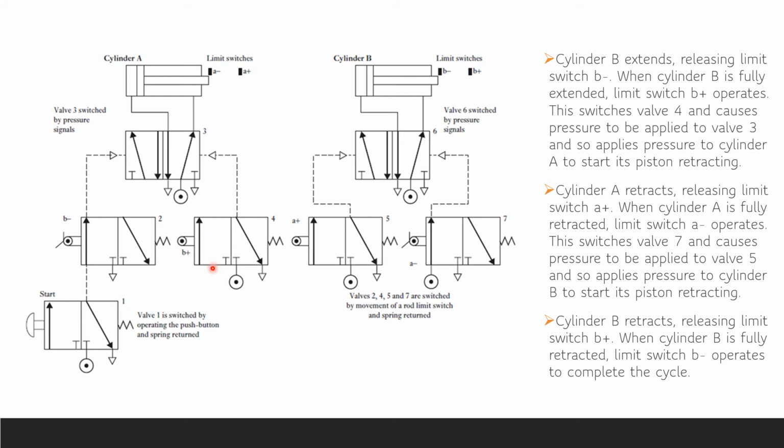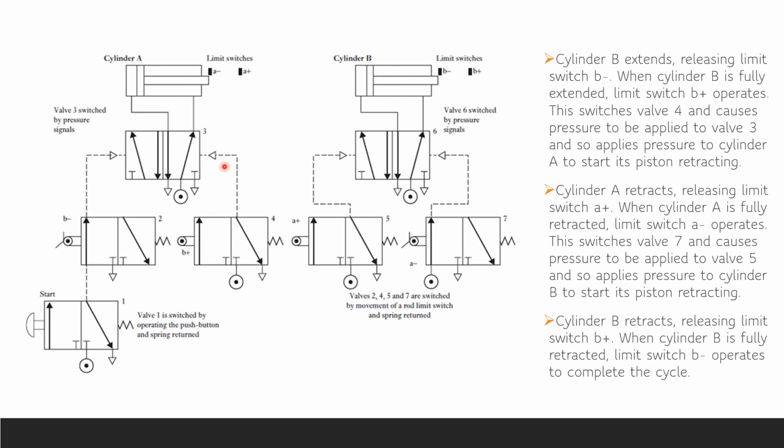I will repeat again. Once the piston of cylinder B reaches the bottom dead center, it switches on the limit switch B plus. This limit switch B plus operates the valve 4. As a result, the valve 4 is switched on and the pressure source applies the fluid through the valve 4 ports and applies pressure on the valve 3.